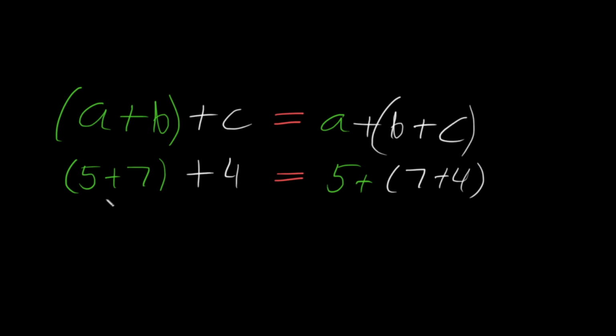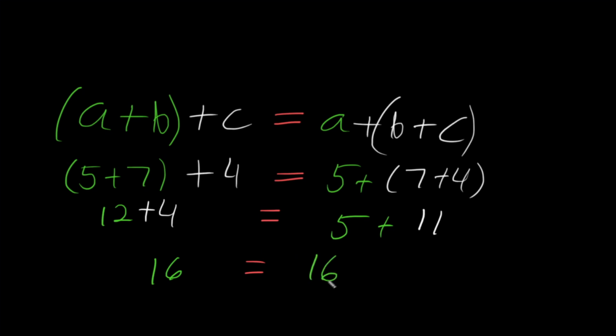Knowing our order of operations, we'll have to do the parentheses first. 5 plus 7 gives us 12 plus 4. Let's see if that equals the other side here. Here we have 7 plus 4 in parentheses. That will be 11. And we're adding 5 to that. On the left side here, we end up with 16. And over here, we also come to 16.